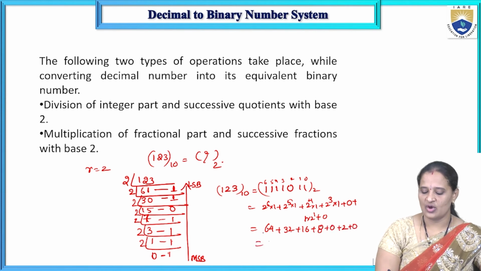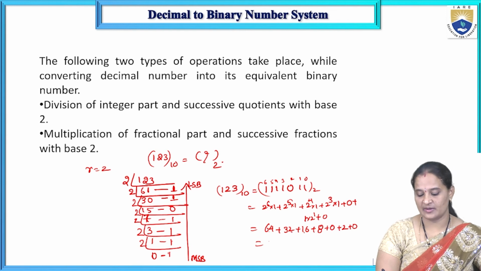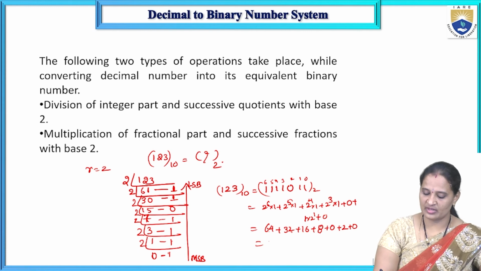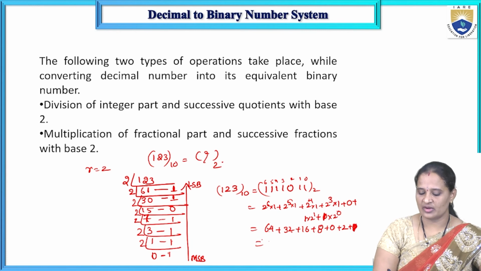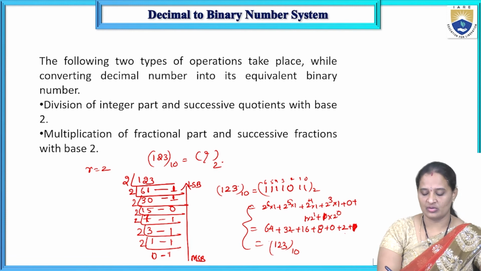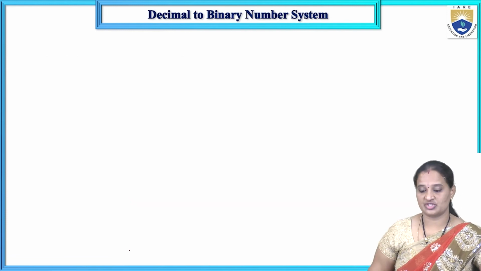If I add all this, 96, 112, 120, 122, plus 1, 123. So this is the decimal equivalent. This cross verification is not needed; I am just saying you can also check whether it is correct or not like this using positional weights.